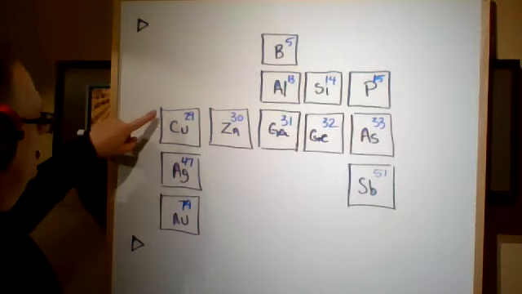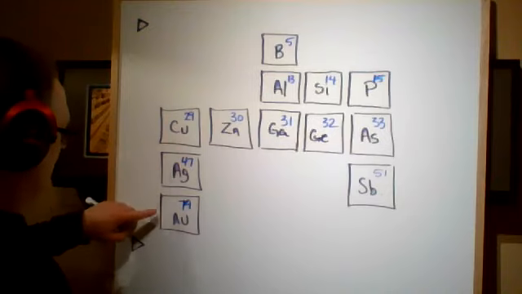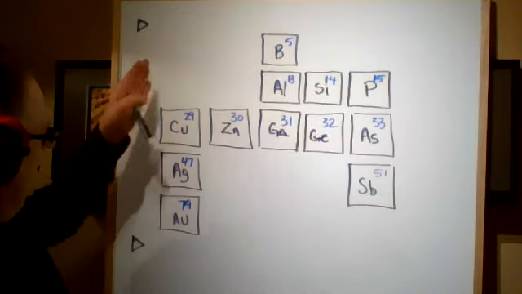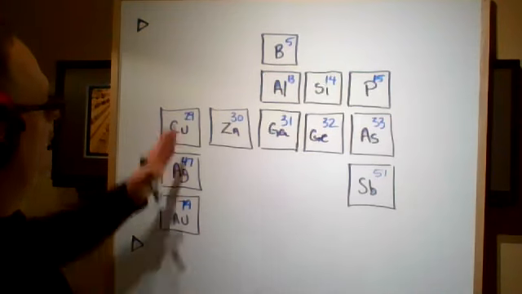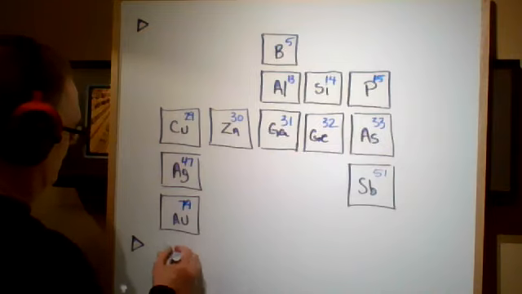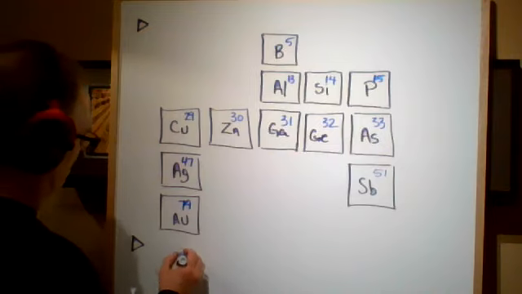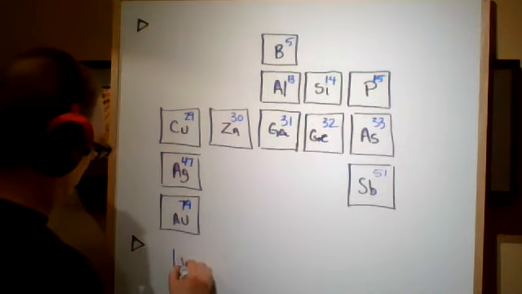Below copper, we're moving up to silver and gold in the larger, but in the same column, in other words, the same number of valence electrons. So really the number of valence electrons as we move across, and we're just going to talk about the valence. Here we have just one valence electron.